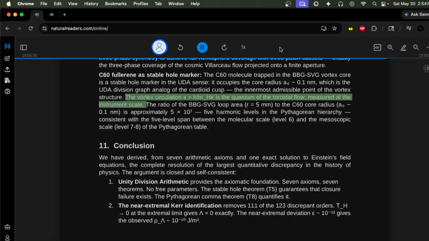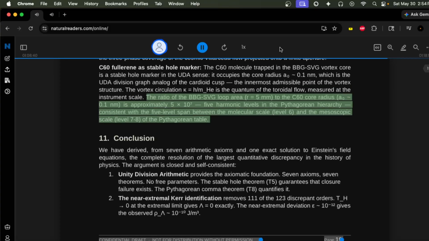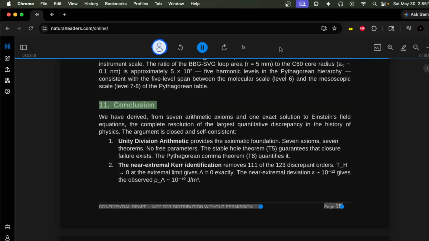He is the quantum of the toroidal flow, measured at the instrument scale. The ratio of the BBG-SVG loop area to the C60 core radius is approximately 5 times 10 to the power of 7, 5 harmonic levels in the Pythagorean hierarchy, consistent with the 5-level span between the molecular scale and the mesoscopic scale of the Pythagorean table.